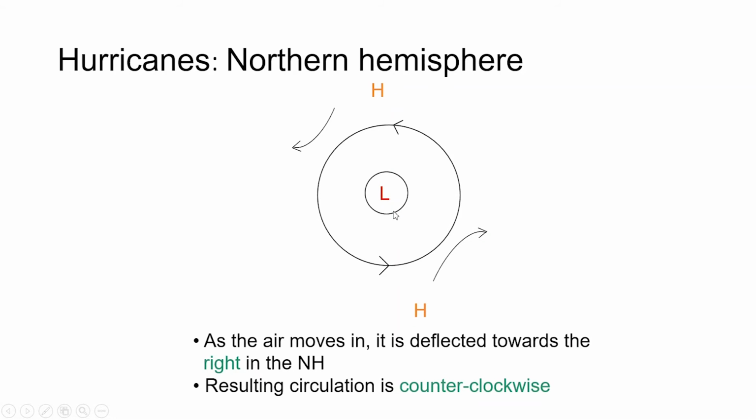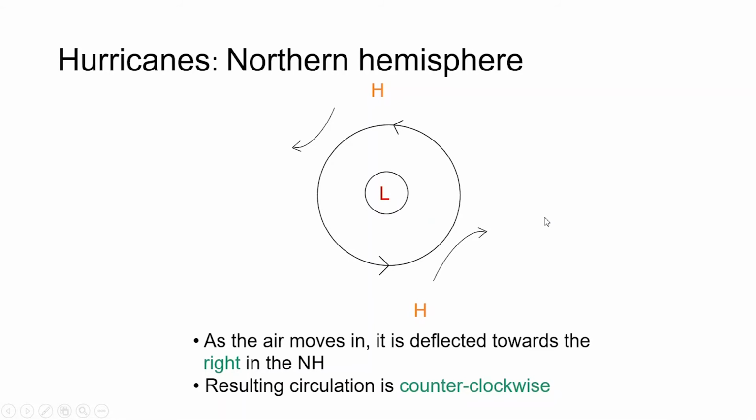It should blow in this direction, but due to the Coriolis force, it blows towards the right. So it curves towards the right. Similarly here, the wind should blow from north to south, but due to the Coriolis force, the wind curves to the right side, and due to which there is a circulatory pattern because the air is gushing toward this low pressure, but due to these curvatures, there is a circulation, and this is in anti-clockwise direction.